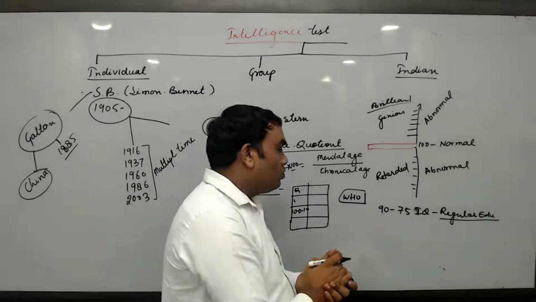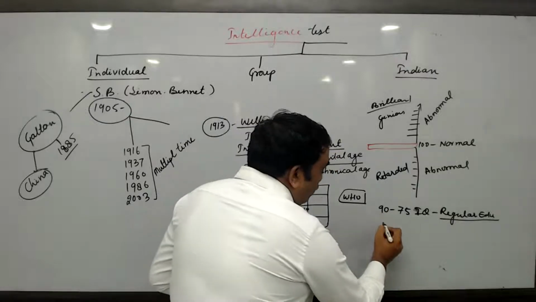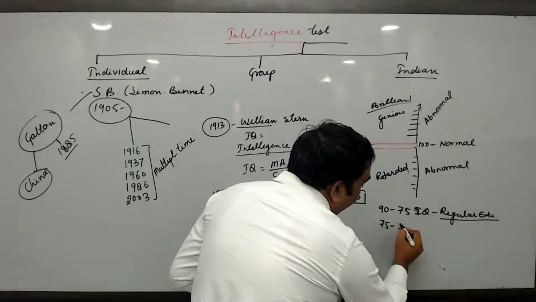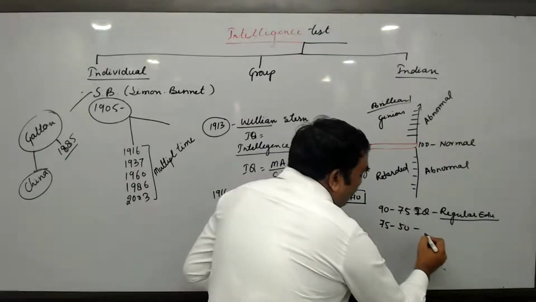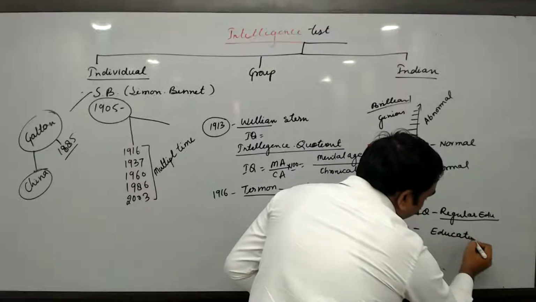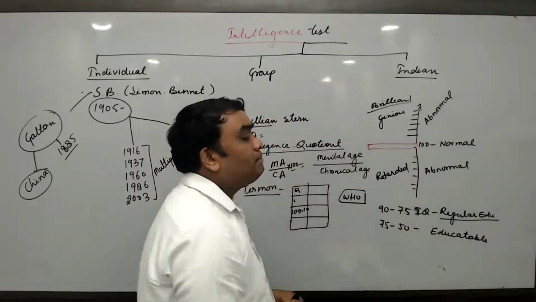And what about the other categories? Those whose IQ is 75 to 50 are educatable children, which means we can educate them, but by special teachers.